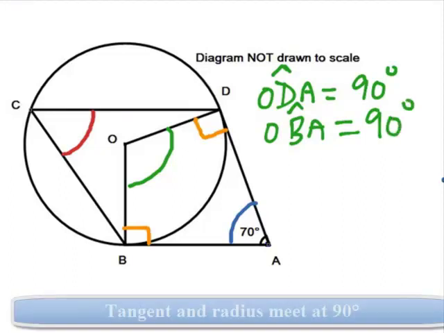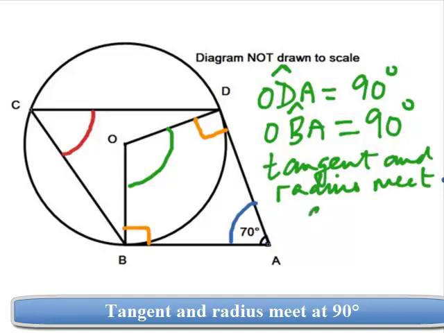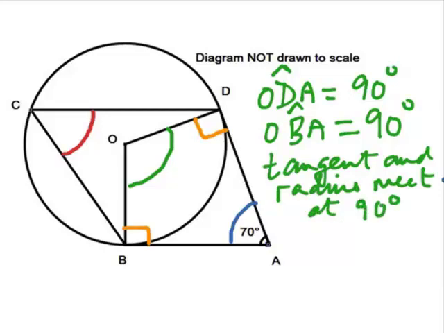And the reason is tangent and radius meet at 90 degrees, because we're asked to give reasons at each stage.